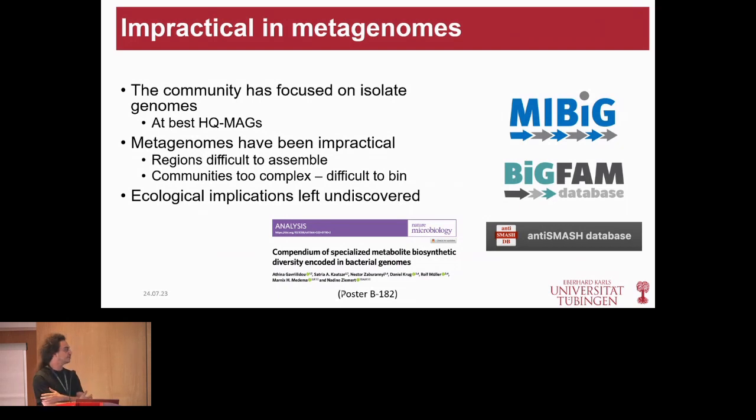Using metagenomes to predict these compounds or the gene clusters that produce them has been basically impractical so far, because these regions are quite difficult to assemble, as they usually span up to hundreds of kilobases in length, and the microbes found in communities that produce them are often too complex, making it difficult to bin them into high-quality MAGs.